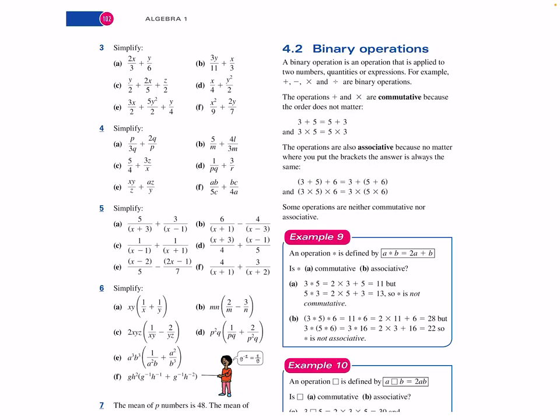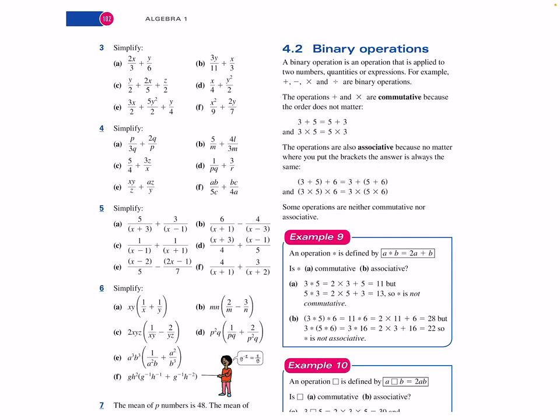Page 102. Three and four. 3AB, 4AB. 3AB, unless you want more, let me know.